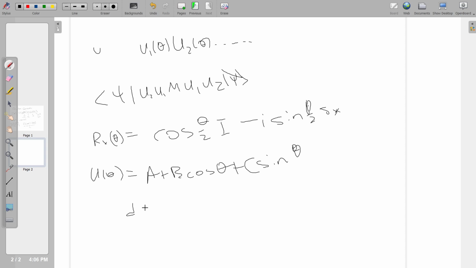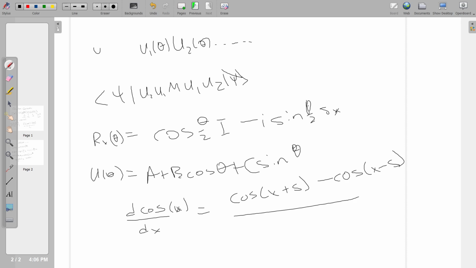If we take the derivative of cosine, we see that it is equal to cosine of x plus s minus cosine of x minus s, all over 2 sine s.